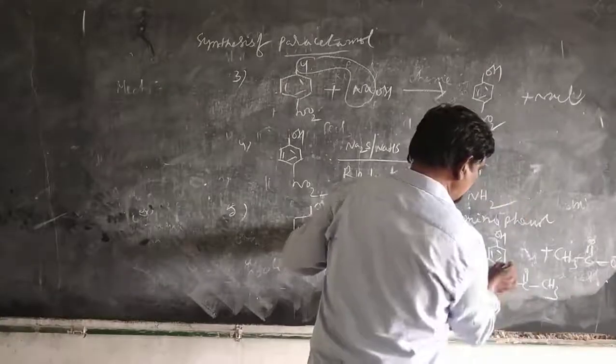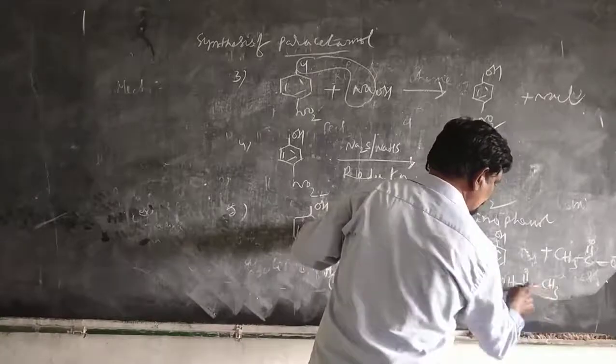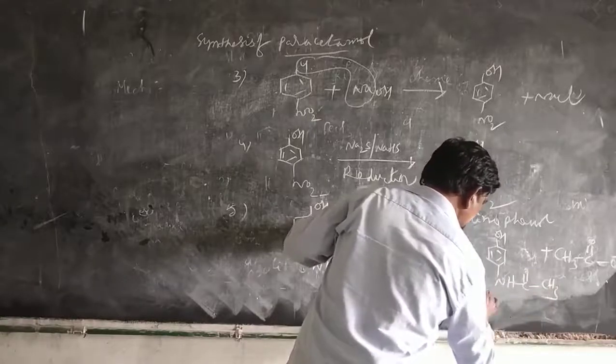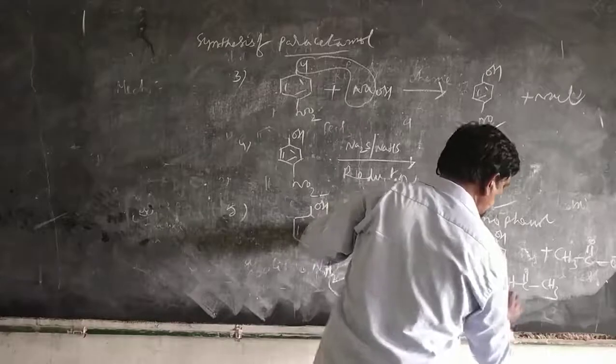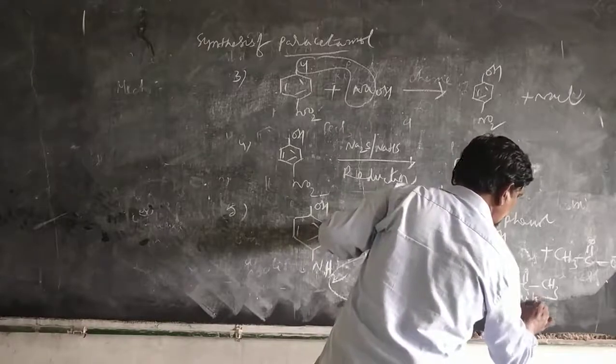So at the para position, CH3CO: para acetyl amino phenol.